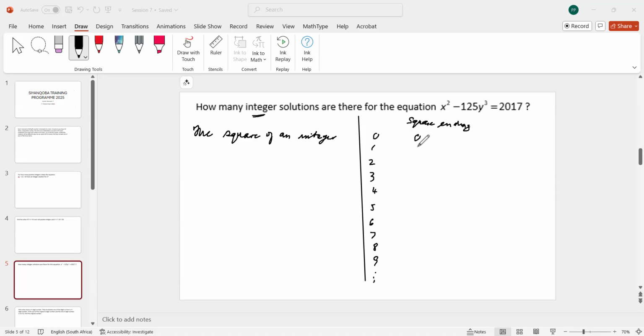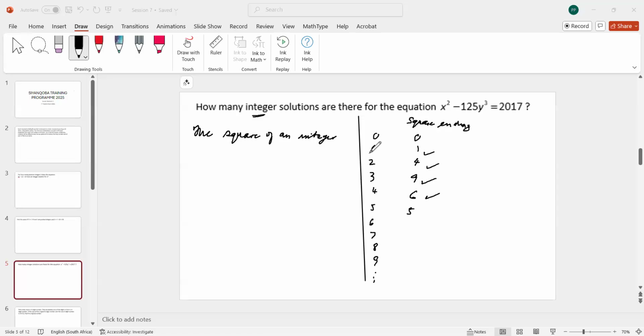0 squared is 0, 1 times 1 is 1, 2 times 2 is 4, 3 times 3 is 9. Now 4 times 4 is 16, so it ends in 6. 5 times 5 is 25, ends in 5. 6 times 6 is 36, so it ends in 6. We already got that. 7 times 7 is 49, it ends in 9. 8 times 8 is 64, it ends in 4. And 9 times 9 is 81, it ends in 1.